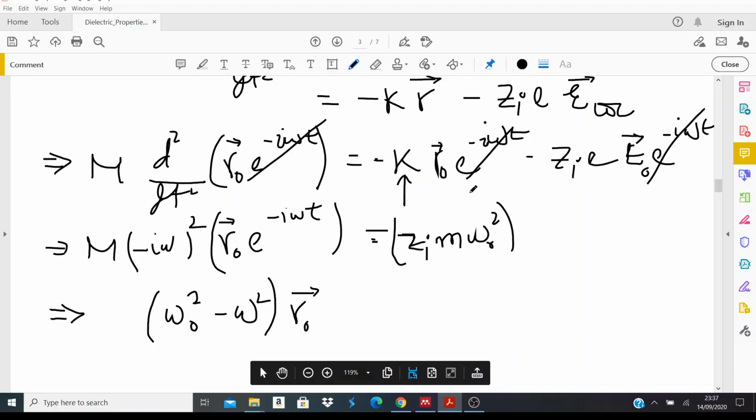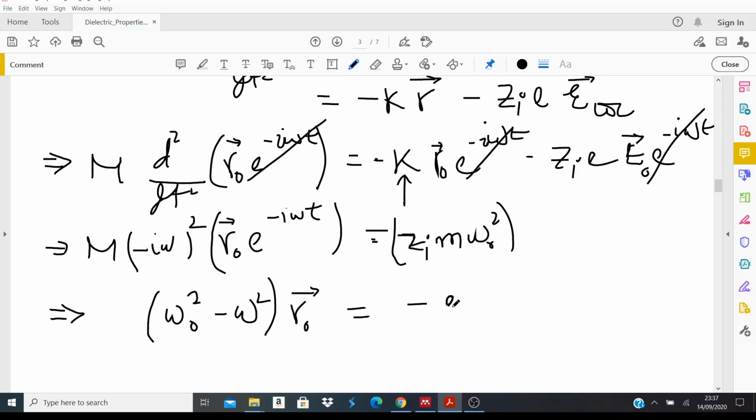So you have omega naught in this term, and then m in this term. So from that we can find the expression. Here we have the omega square, and here we have the omega naught square. So just take both of them to the left hand side, and then take the common factor out. It should be easy, right?